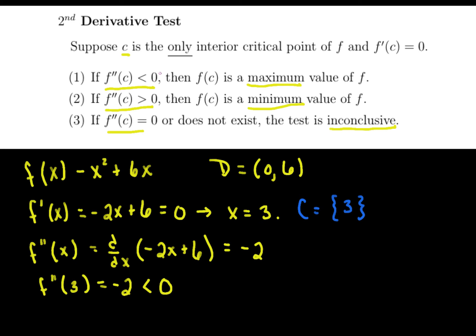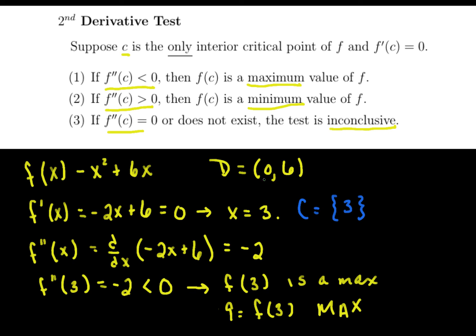And then by the second derivative test, since it's negative, f of c, this tells me that f of 3 is a max. Well, what is f of 3? I would put it into here, so that tells me that 9, which is the value of f of 3, is my max.